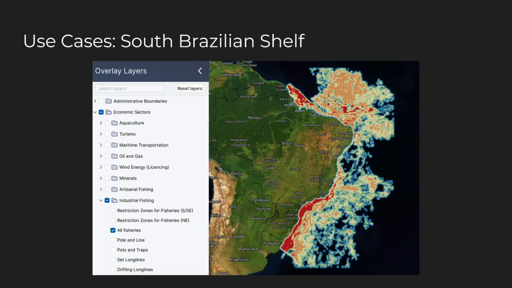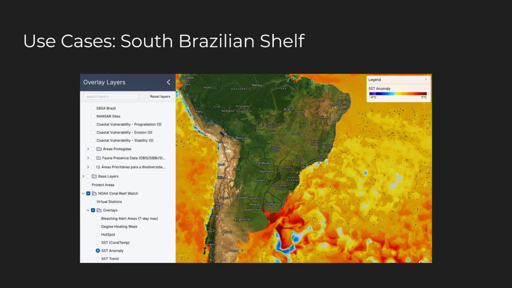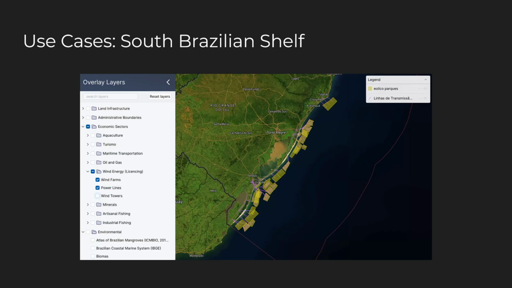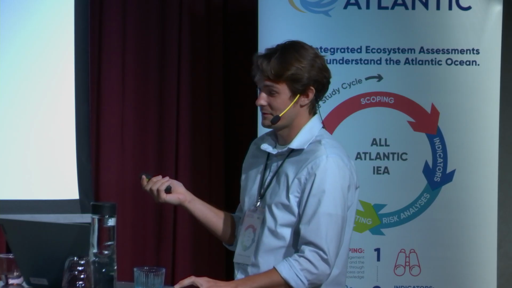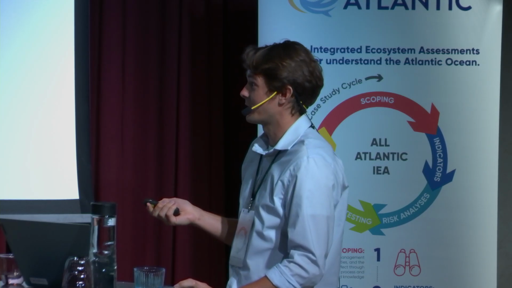This is fishing effort along the Brazilian coast derived from Global Fishing Watch data. We have sea surface temperature anomaly from NOAA Coral Reef Watch, wind energy infrastructure, and we could spend all day going through all the data sets, but you get the idea. There's a lot of them, and they're easy to view, and it's a powerful thing.